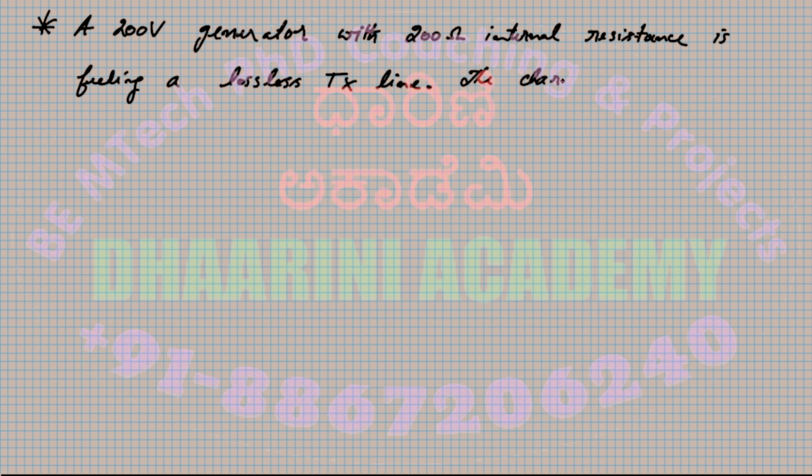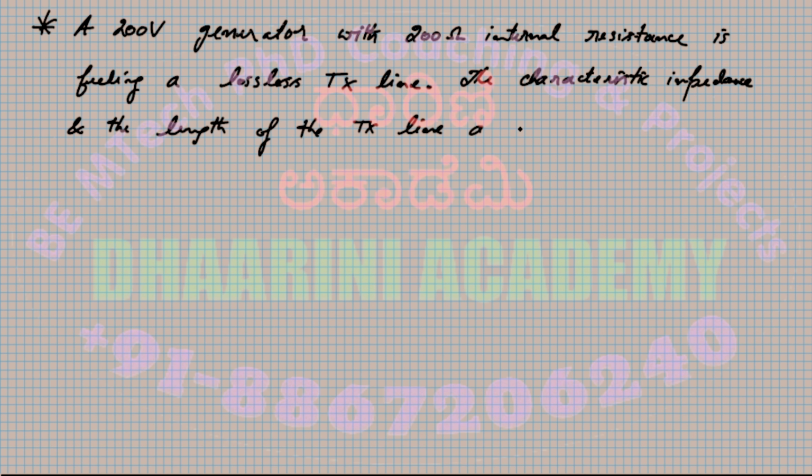The characteristic impedance and the length of the transmission line are 200 ohms and 10 meters respectively.